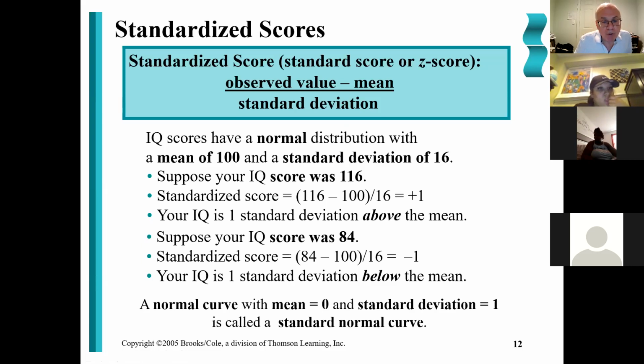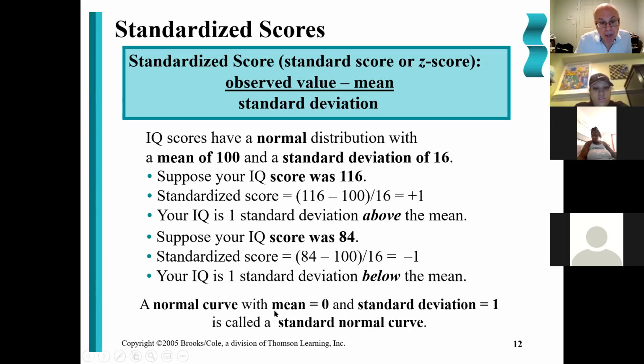What if you scored 84 on the IQ test? Well, 84 minus 100 is negative 16 in the numerator, and you divide by 16, you get negative 1. So 84 is 1 standard deviation less than the mean. The negative indicates that you scored below the mean, and the 1 indicates how many standard deviations you scored below the mean.